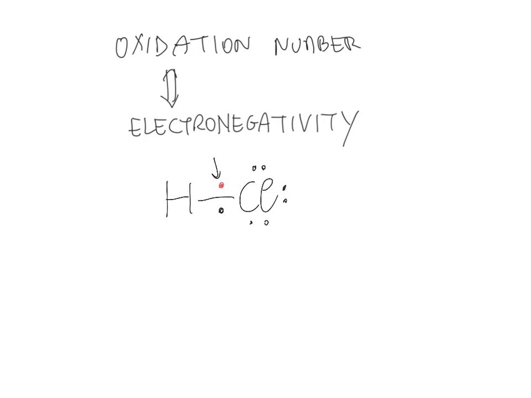This is not true because the bond is a covalent bond. So this couple of electrons are shared between hydrogen and chlorine. But we pretend that the red electron, the hydrogen electron, is now a chlorine electron.